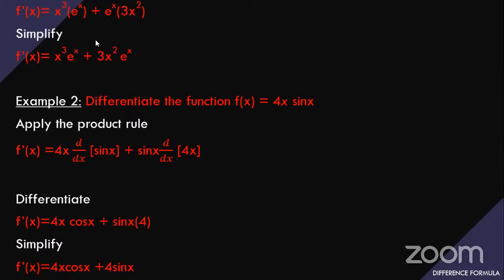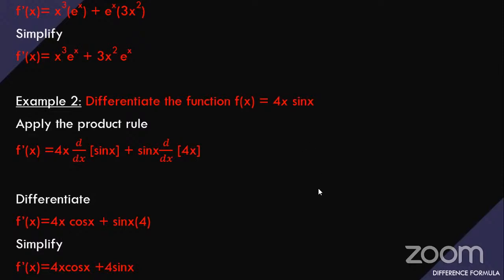When we simplify this, what we are going to have is x cubed times e raised to the power of x plus 3x squared times e raised to the power of x.